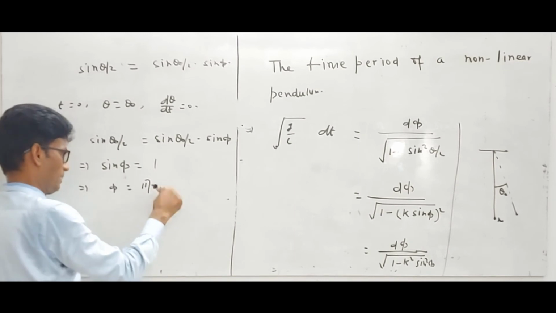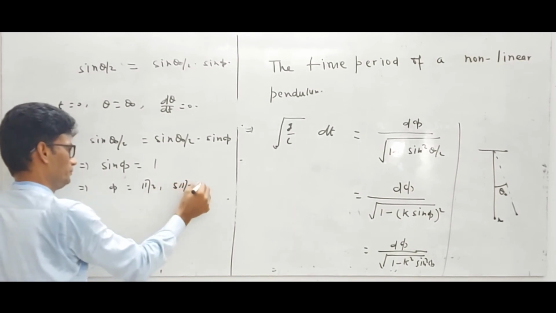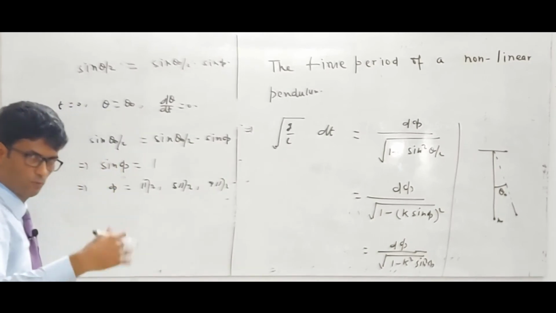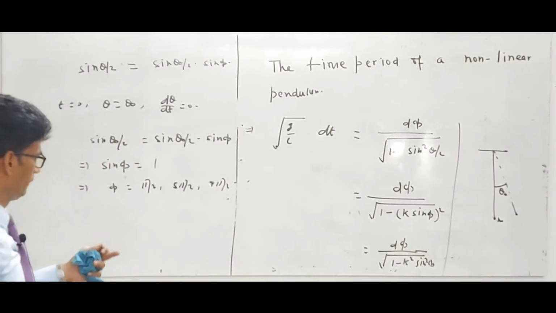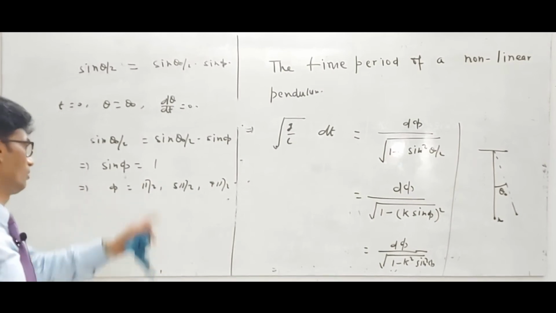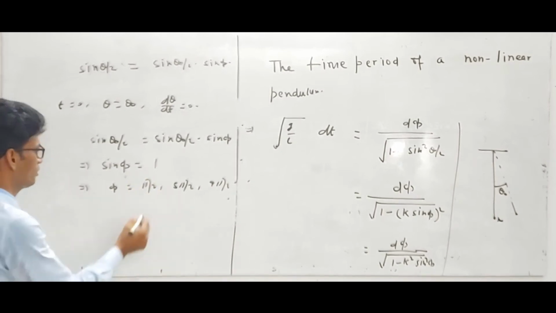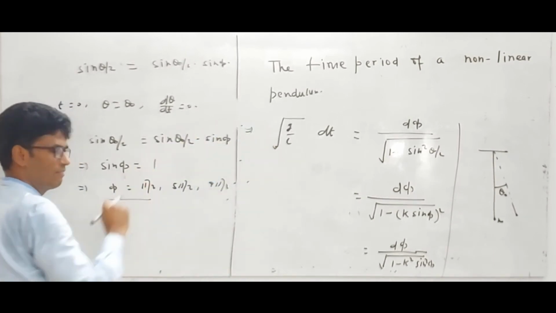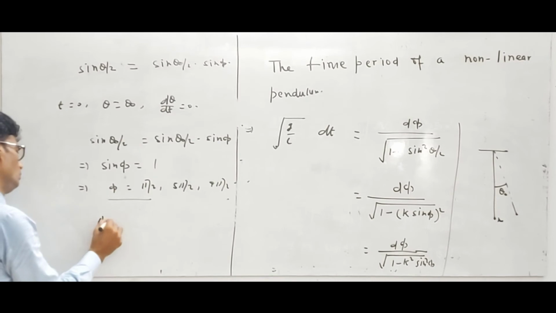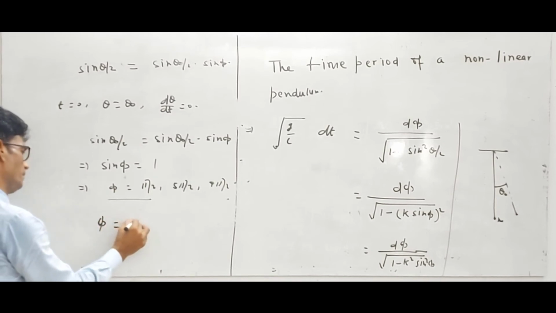Now 3 pi by 2, 5 pi by 2, 7, 9 pi by 2, and so on and so forth. Because sin of 3 pi by 2 comes out to be minus 1, and 7 pi by 2 also comes out to be minus 1, whereas here it is 1. So our solution resembles these other conditions, phi is equal to pi by 2.